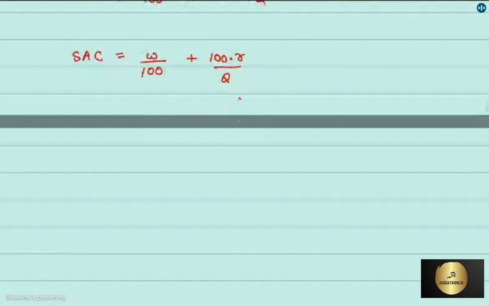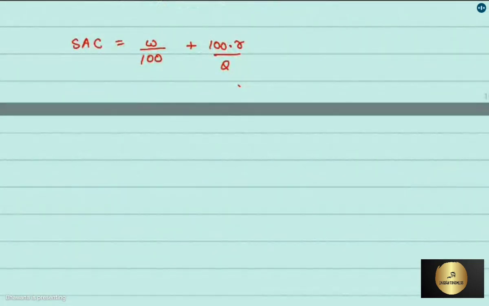As we know, short run average cost is a sum of average variable cost and average fixed cost. So this is your average variable cost and this is your average fixed cost.